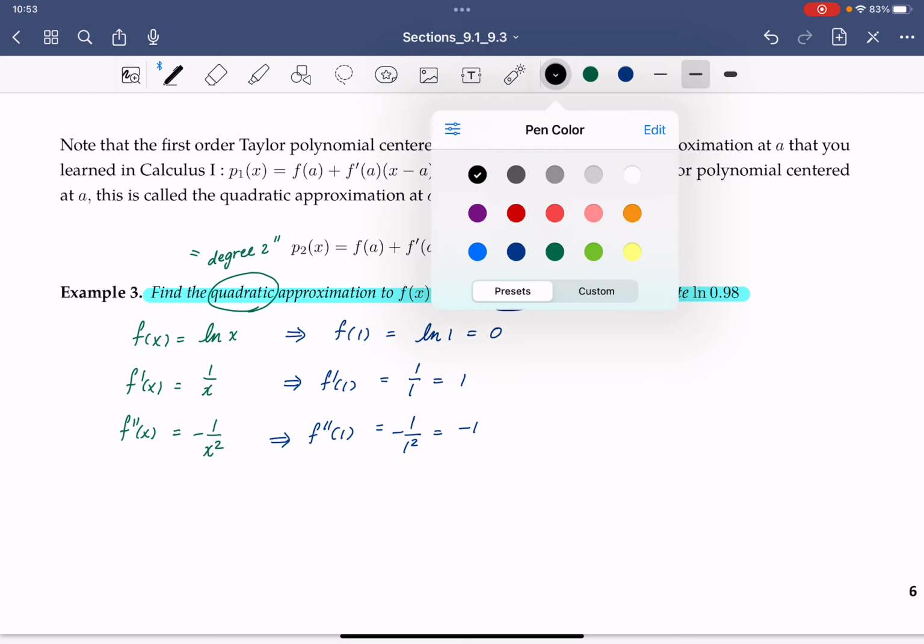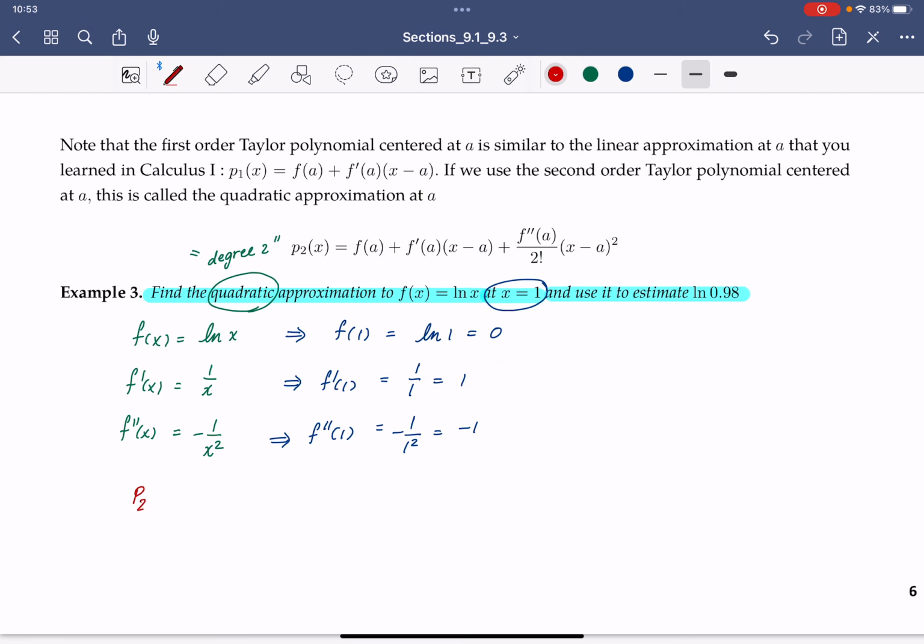And then now for the Taylor polynomial of degree 2, the formula is going to be f(1) plus f prime(1) times x minus 1 and then plus f double prime(1) over 2 factorial times (x minus 1) squared. Once you do it multiple times, you're going to feel like the formula is so easy to memorize because you can just extend to the nth order.